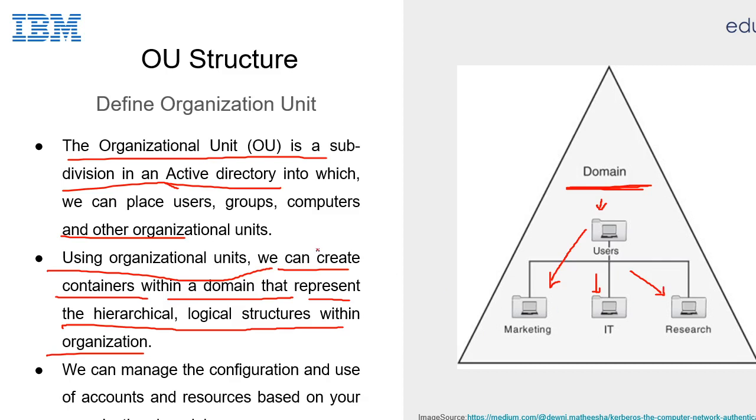So these are groups. This is a logical or hierarchical structure within the organization, and this is called an organizational unit. One organization having users, groups, computers, or organizational units divided into subdivisions that provide a hierarchical or logical structure is called an organizational unit.